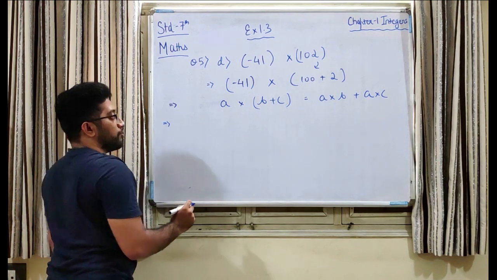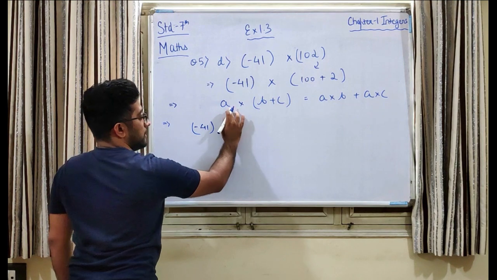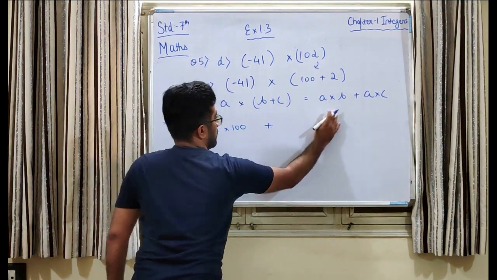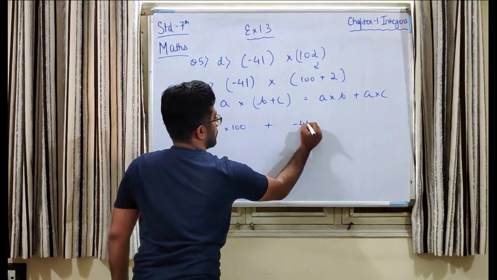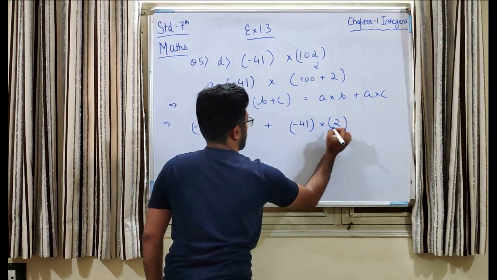So by using distributive property we will solve the same. Minus 41 is your A, into B, that is 100, plus A, that is minus 41, into C, that is 2.